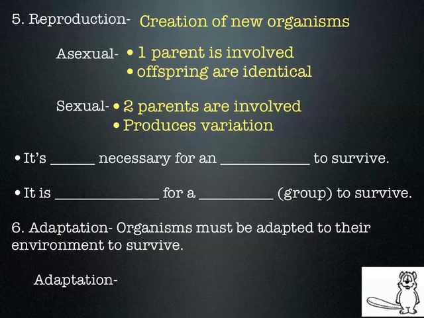Now, an important thing to keep in mind is that we say this is a characteristic of life, but it's not a necessary characteristic for one individual to survive. A person can grow into their old age and never reproduce and still be alive. But it is necessary for, what do you think we're going to say? Species? For the species to survive.